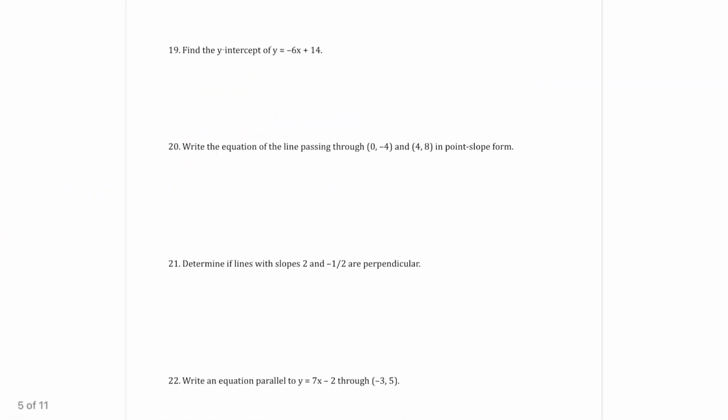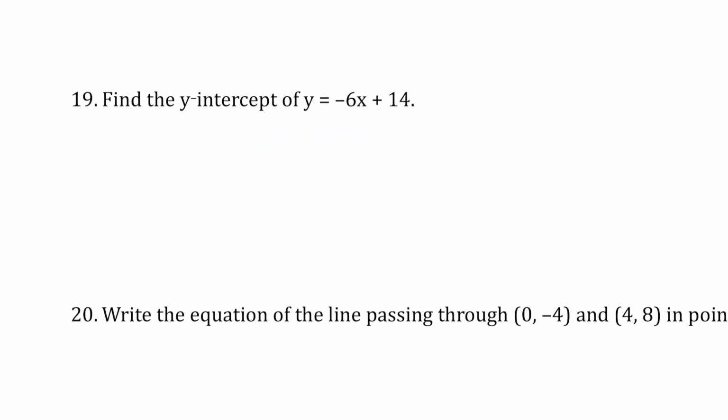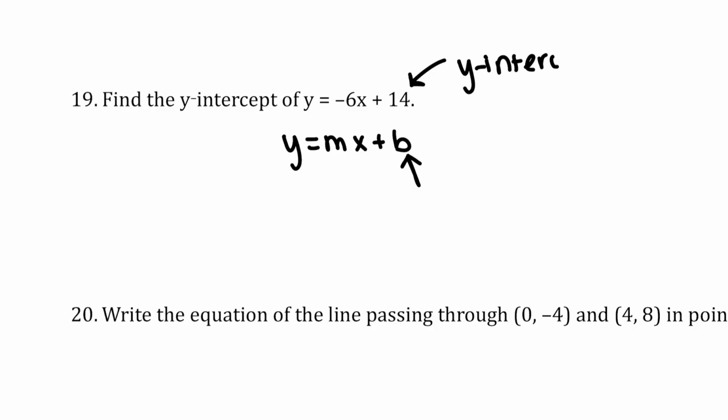Let's move on to the next question. Number 19, find the y-intercept of y equals -6x plus 14. They were super nice. We have this in y equals mx plus b format, and if you remember, this b, which happens to be 14, is our y-intercept.